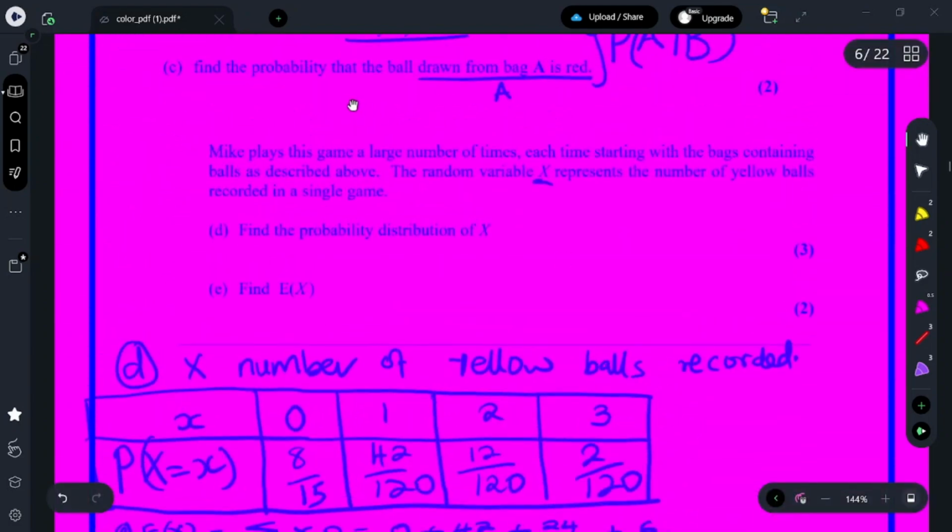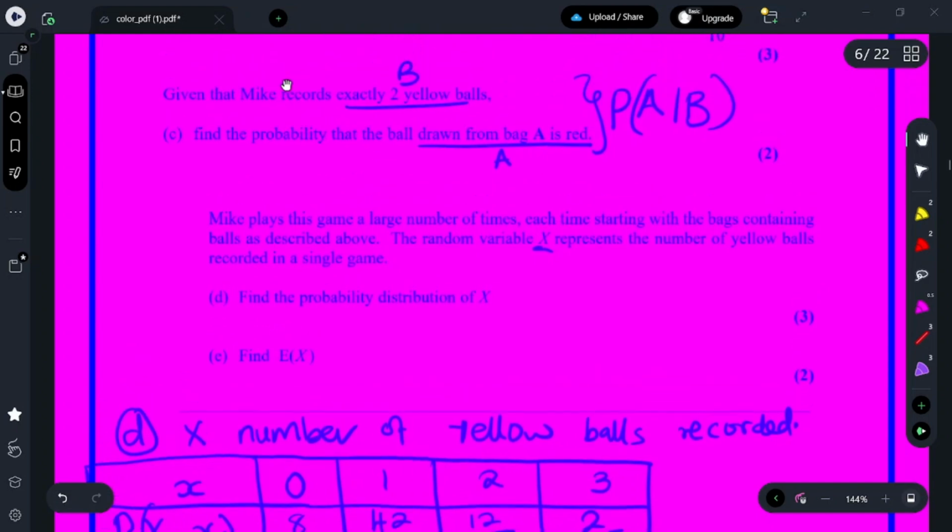What are we told in question C? We are told that, given that Mike picks exactly 2 yellow balls, this is just the probability that we just found in question B. Find the probability that the ball drawn from bag A is red.